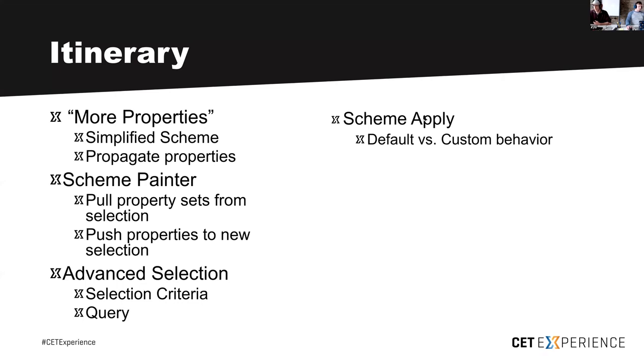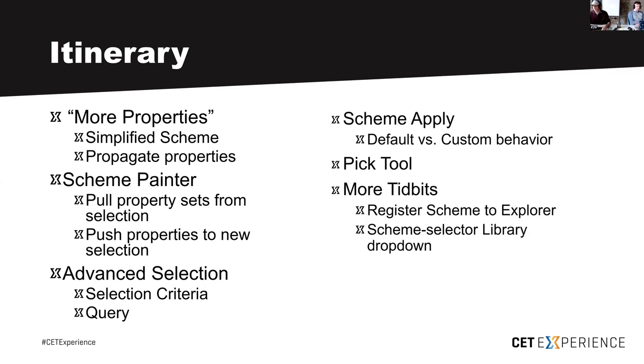Scheme apply. We're going to touch on just what the default behavior is for scheme apply and a way that you could customize that behavior. We'll also showcase the pick tool as a new item in 11.5. And we just have a couple other items at the end for people who are new to prop schemes or haven't already added these things to their extensions.